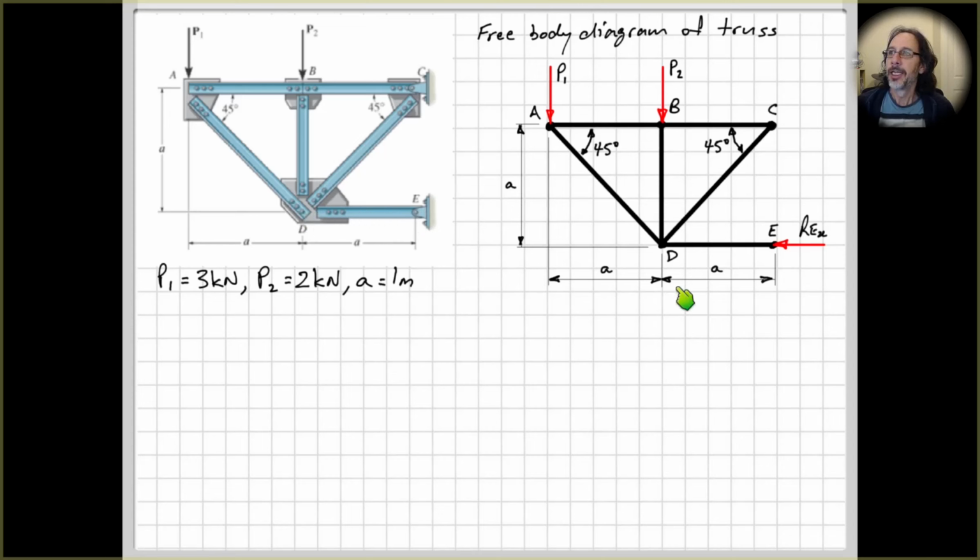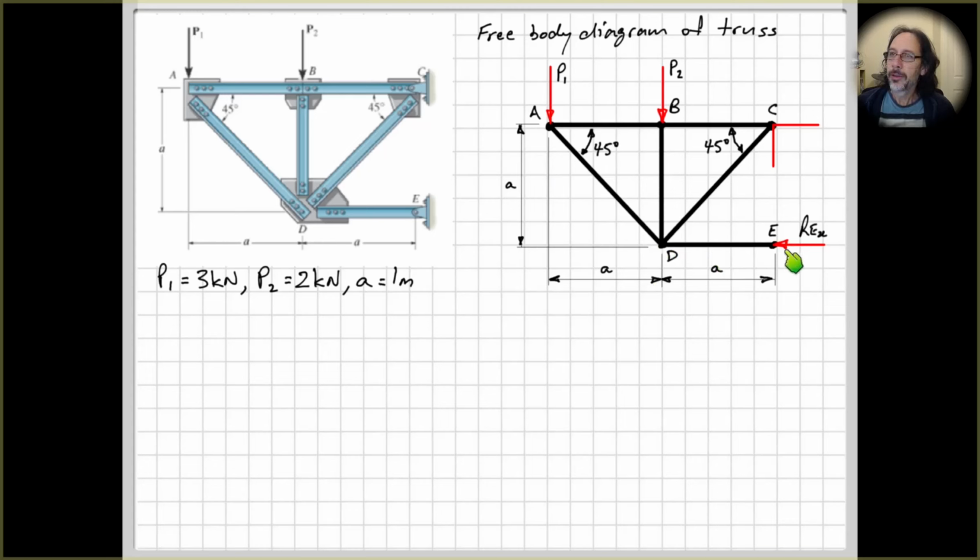So that's why I can put this reaction force here as a horizontal reaction force only, without a vertical one. Even though this is a pin connection, and normally we would have a horizontal and a vertical component like we have at C, here, because DE is a two force member, we can draw that there.